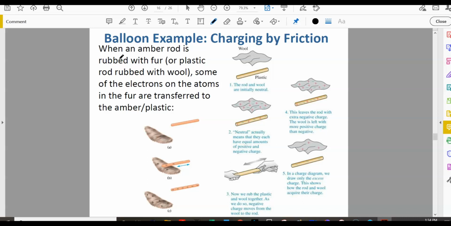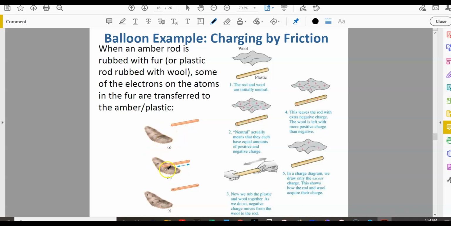Okay. So again, charging by friction. If you have a plastic rod, an amber rod rubbed with fur, or plastic rod rubbed with fur or wool, what's happening is this rough hair is being rubbed against, so they're both neutral right now, so there's no excess charge.